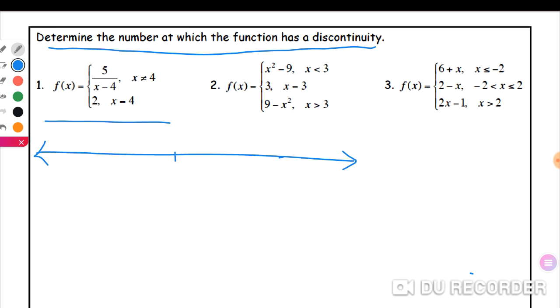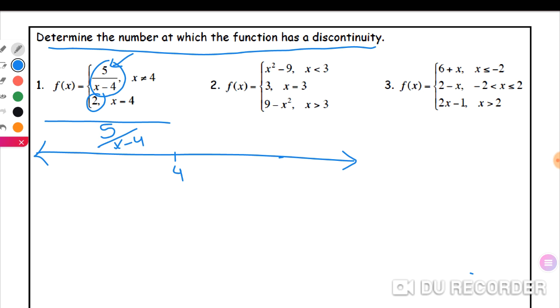That is number 4, because I have two rules. One of them, when x is not equal to 4, it means greater than 4 or less than 4. So I will substitute in function 1: when x is less than or greater than 4, it will be 5 over x minus 4.